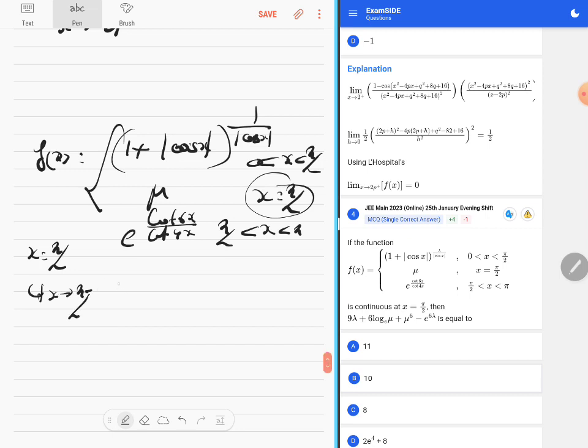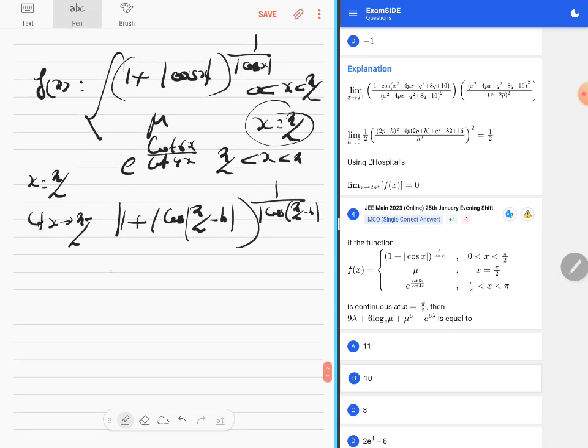The formula is 1 plus mod of cos of pi by 2 minus h, the whole to the power 1 by mod of cos of pi by 2 minus h, and this will become 1 plus sin h, the whole to the power 1 by sin h, and limit h tends to 0.